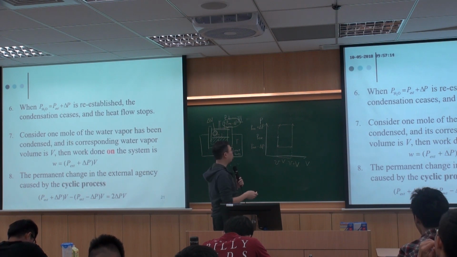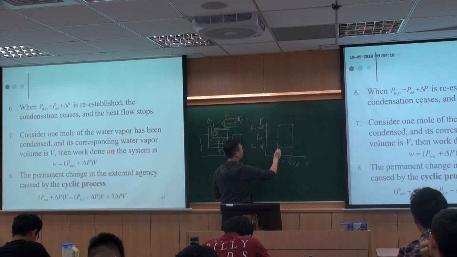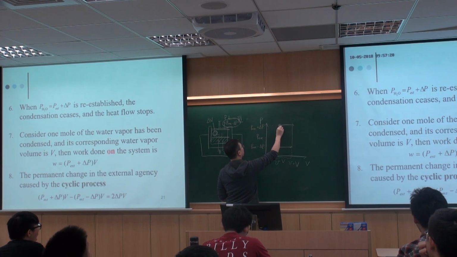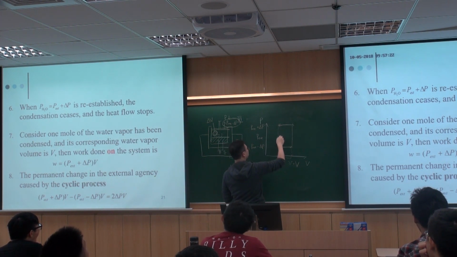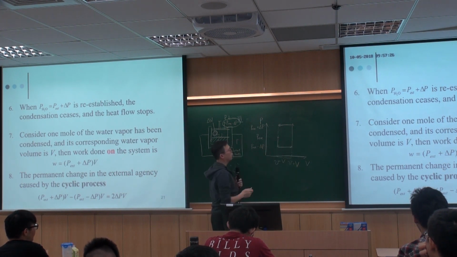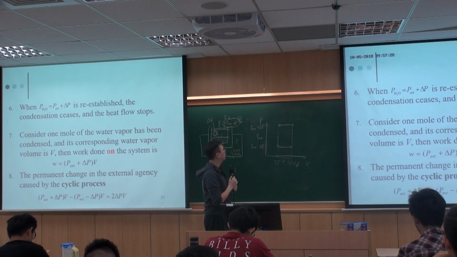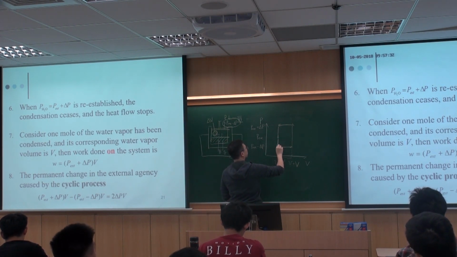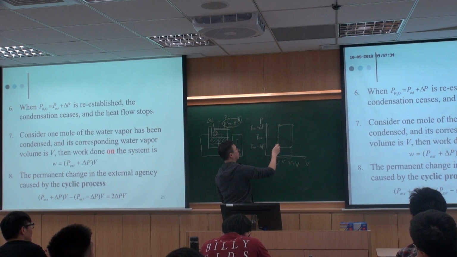But in reality, what we only have is this line over here and this line over here. But you can imagine that there's a very sudden change in terms of pressure for these two vertical lines. So imagine that this is a cyclic process.